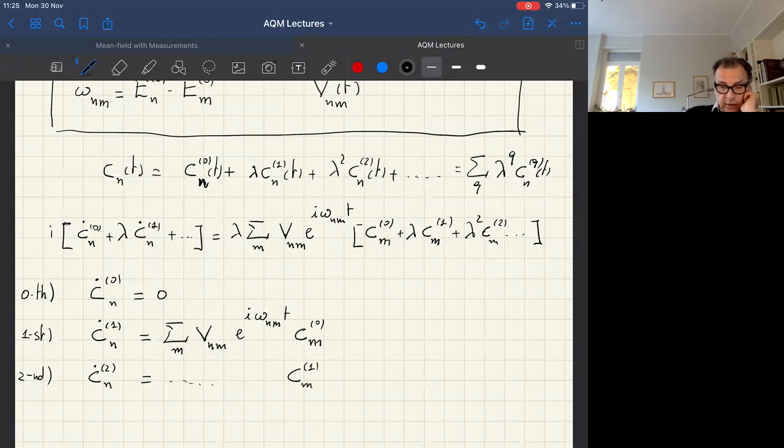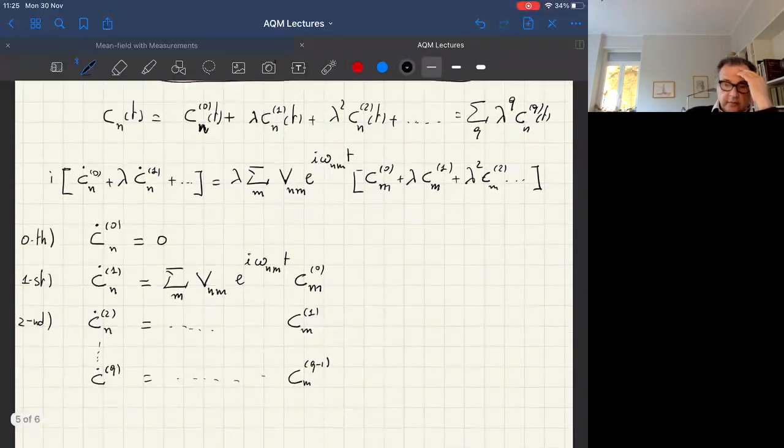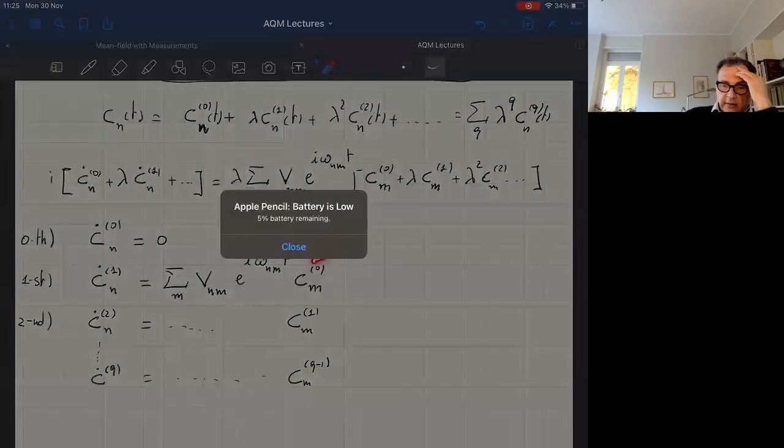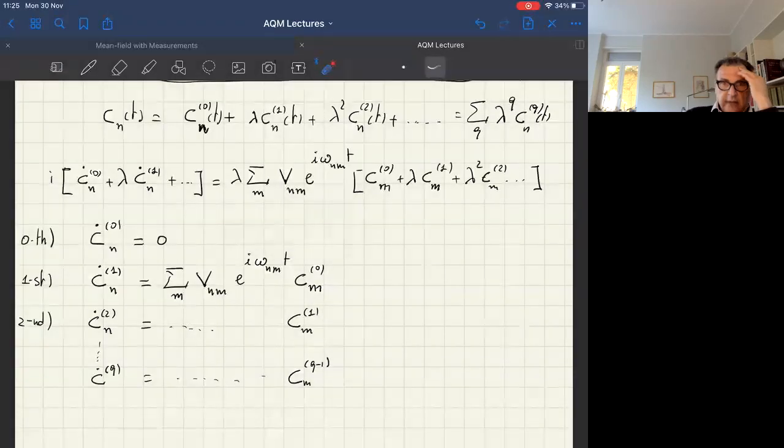So in general, C dot of order q will be connected to C of m of order q minus 1. So you can start solving the first equation, then you get the expression and you put it here, and then you can continue this way.